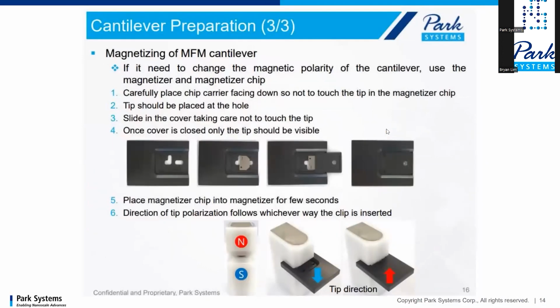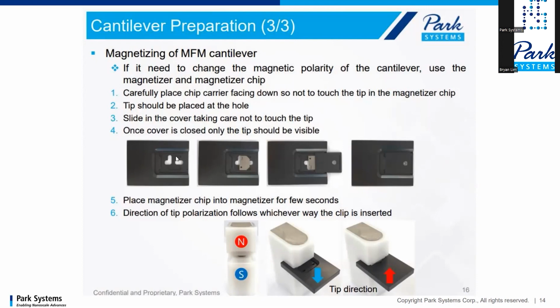So, cantilever preparation. This magnet is used to change the polarity of the cantilever. If you do not need to know the polarity, it is not necessary to use this magnetizer. If you look at the magnet of this magnetizer, it has a north pole and a south pole.